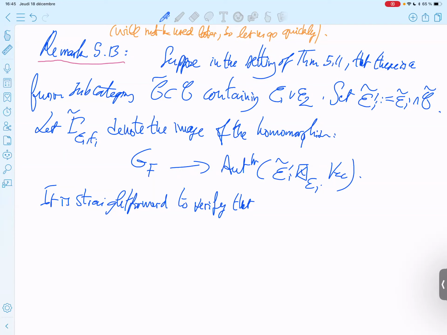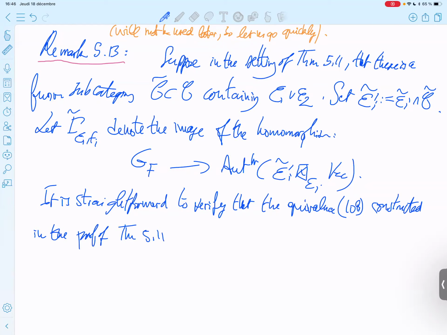So verify that the equivalence H constructed in the proof of theorem 5.11, 108, what was it?